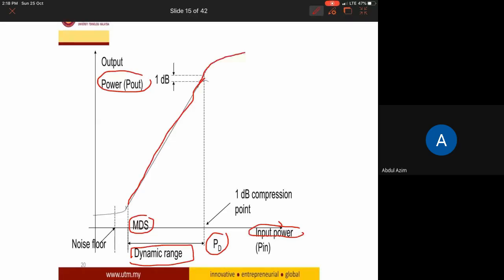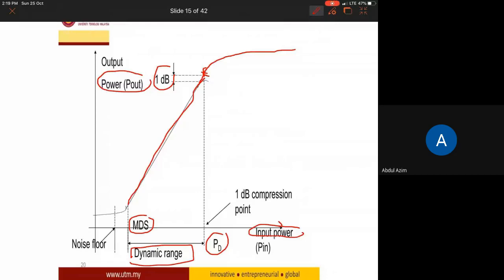At this point, PD is taken slightly higher, an additional 1 dB, to reach this point, where the 1 dB compression definition is that conversion loss increased by 1 dB. So this is the definition of the 1 dB compression point.